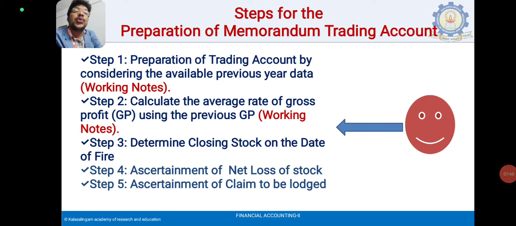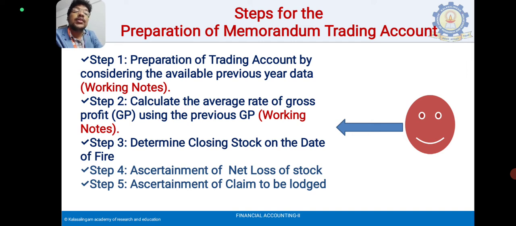First, we need to calculate the gross profit by considering the available previous data. Generally, for every problem we need to prepare working notes. So first we need to calculate the gross profit of previous data, that is very important, and the second one is you need to calculate the average rate of gross profit by considering your previous year gross profit.